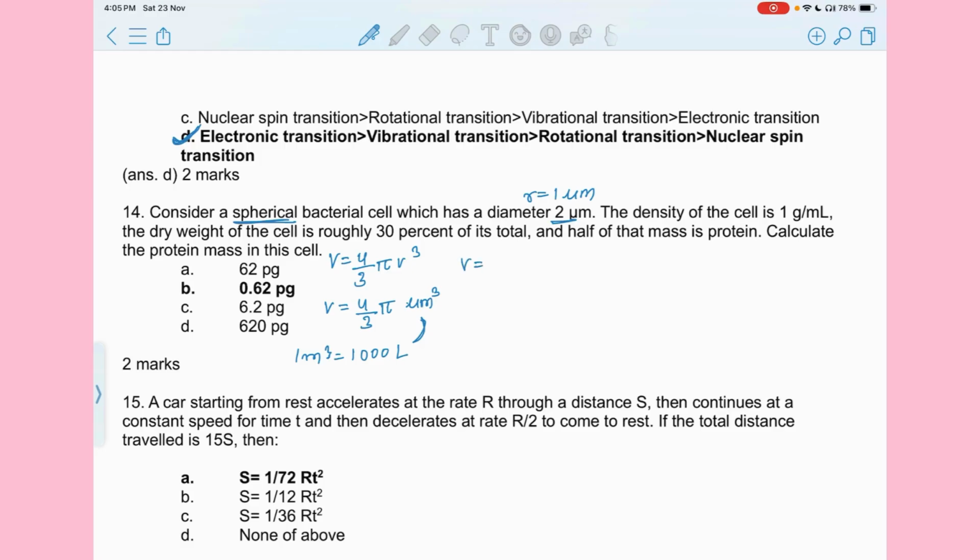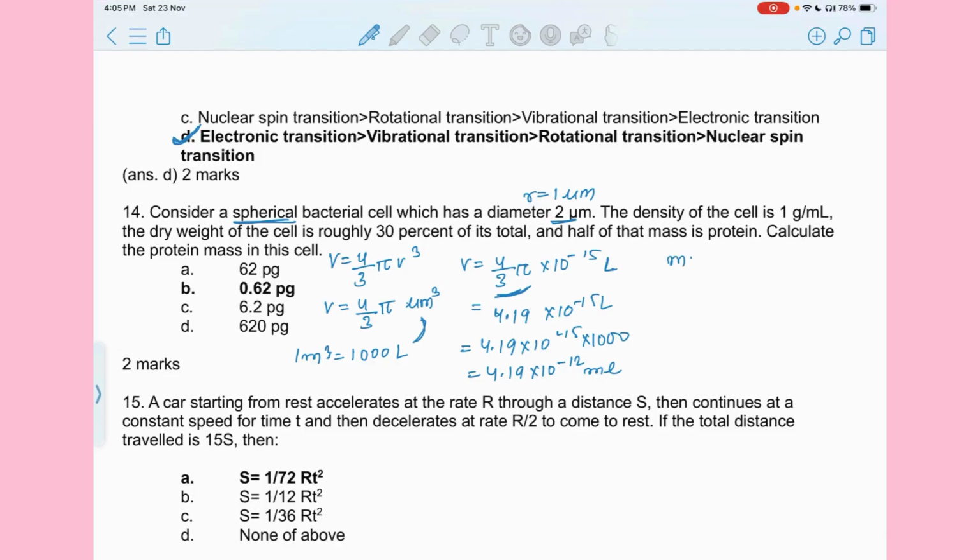The volume will again become 4 by 3 pi into 10 to the power minus 18 into 1000 liter. When we solve this term, this will convert into 4.19 into 10 to the power minus 15 liter, which will become 4.19 into 10 to the power minus 12 milliliter.